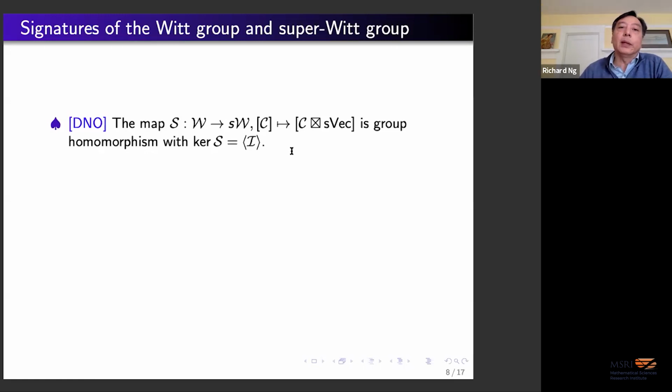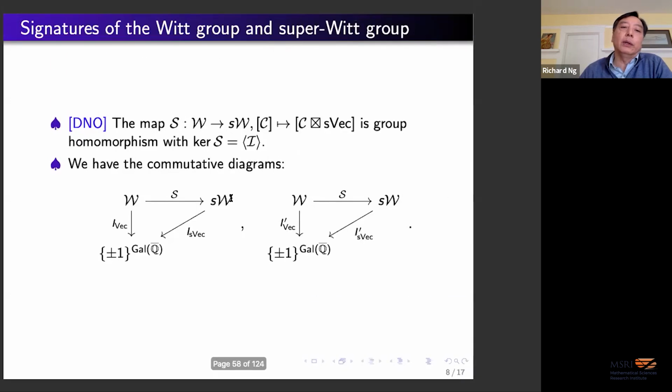You notice that this signature actually is compatible with these homomorphisms. If you compute the signature from W directly, and you can compute it also on the super-Witt group, then you have this commutative diagram via this mapping S. The same for the other one.